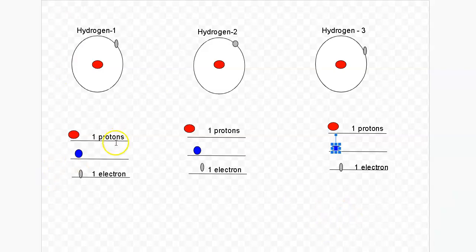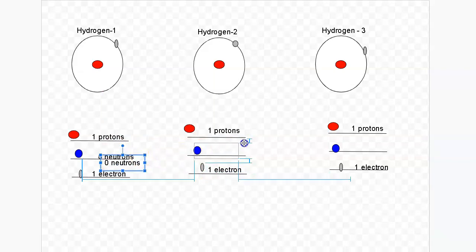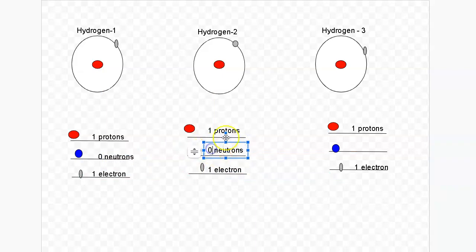All right, so if we have 1, we actually have 0 neutrons on this, because 1 plus what equals 1? Well, that would be none. Okay. All right. The next one we got to get to 2. So 2 minus 1 equals 1.